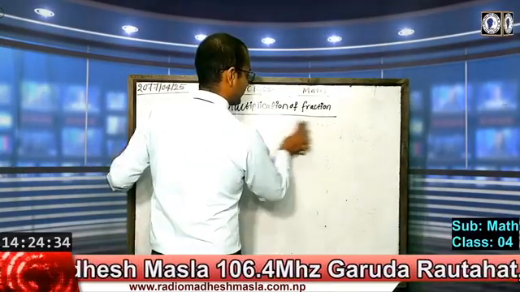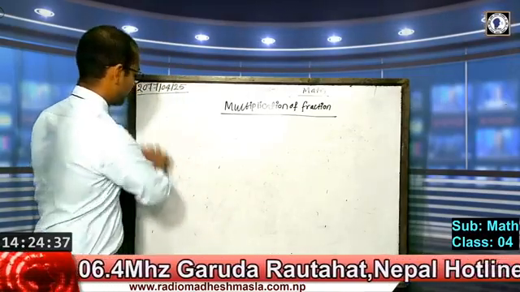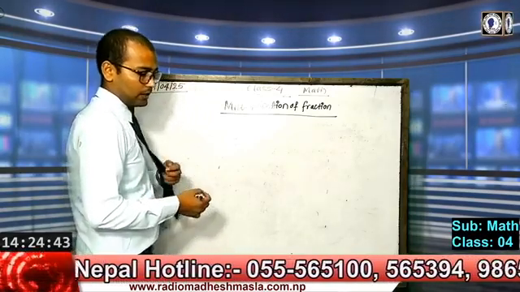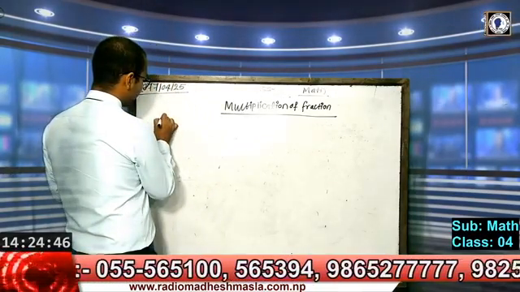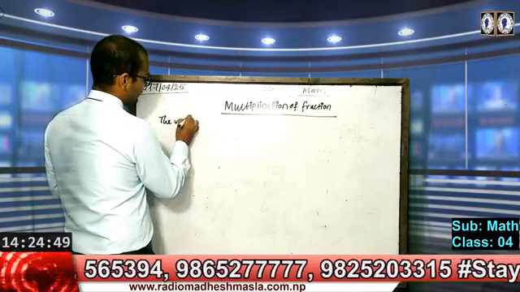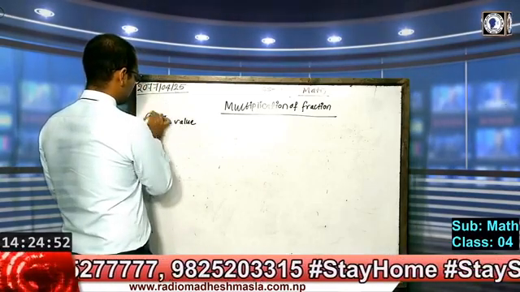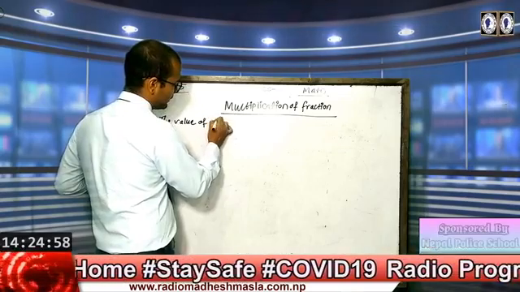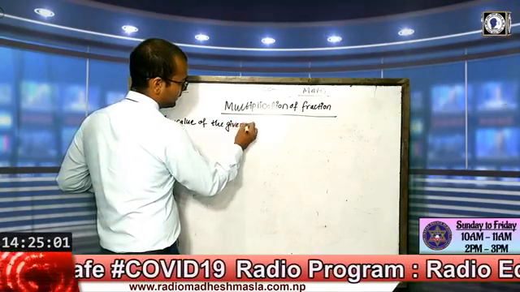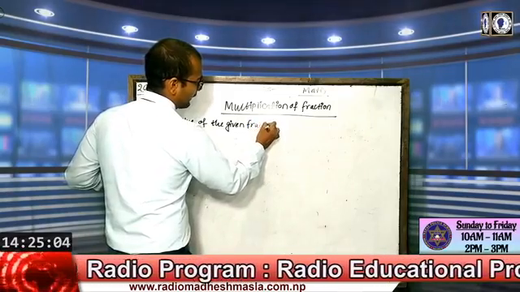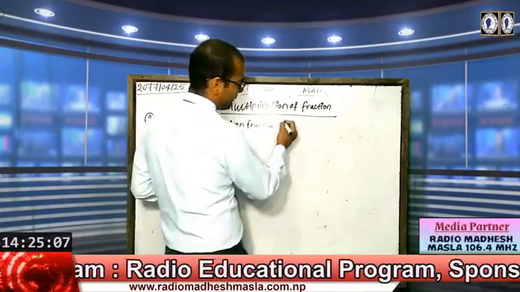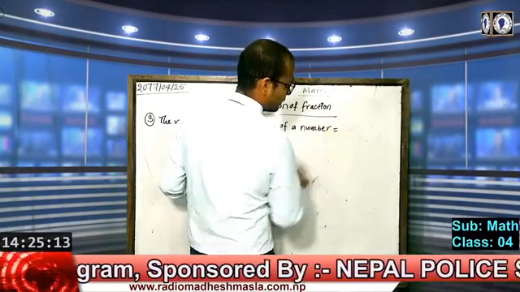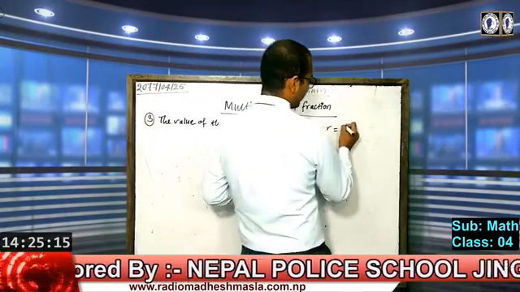Then after this, we have the value of a given fraction of a number. The value of a given fraction of a number is equal to fraction into number.